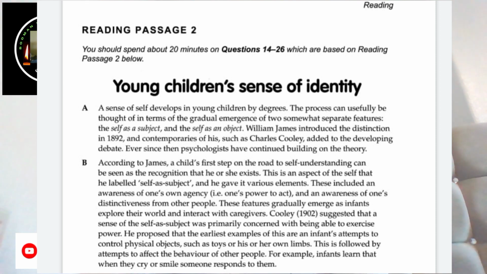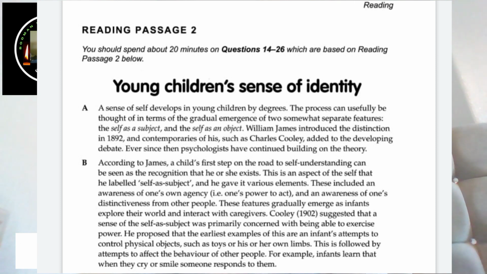This is an aspect of the self that he labeled self as a subject. He called it self as a subject, and he gave it various elements. These include an awareness of one's own agency, that is, one's power to act, and an awareness of one's distinctiveness from other people.